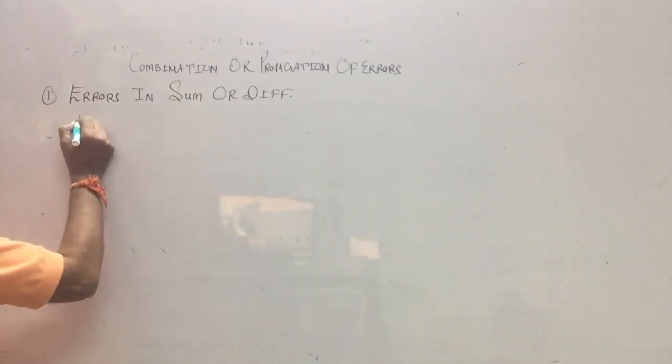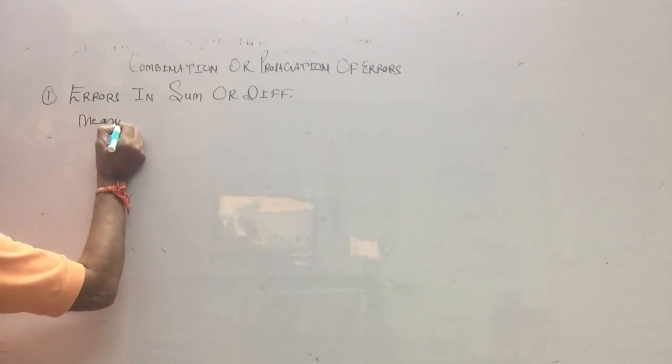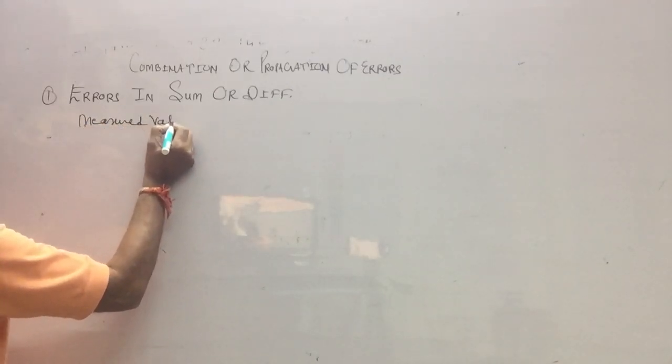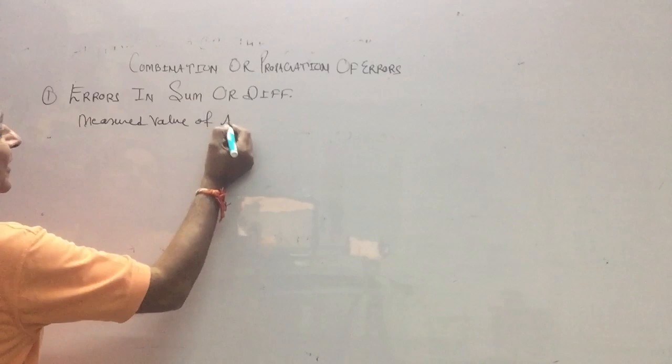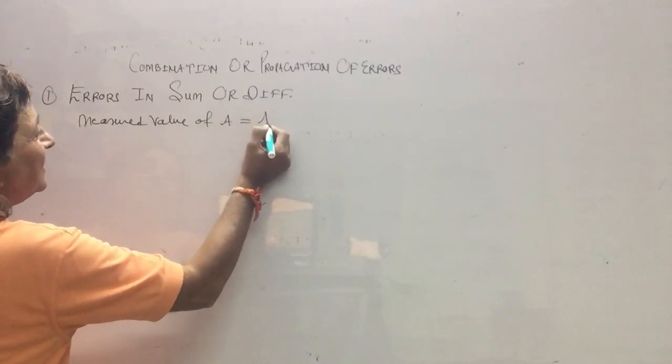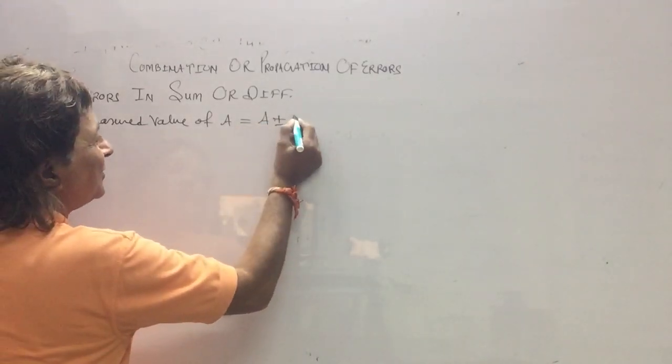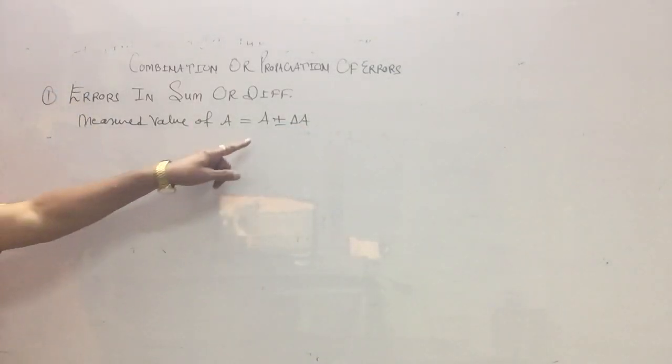See, measured value of A. That is equal to A plus minus delta A. Which law it is? Gaussian's law of distribution.